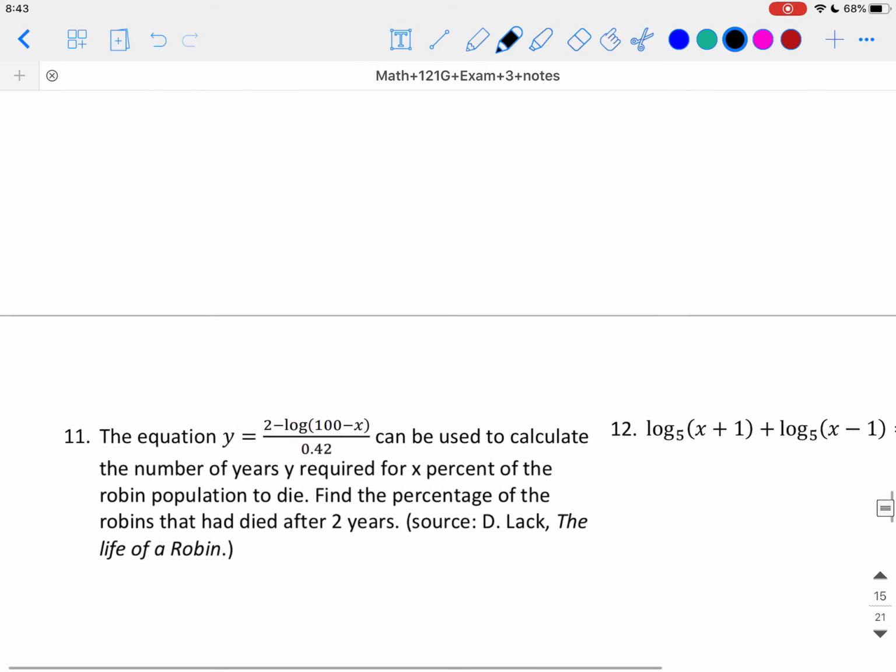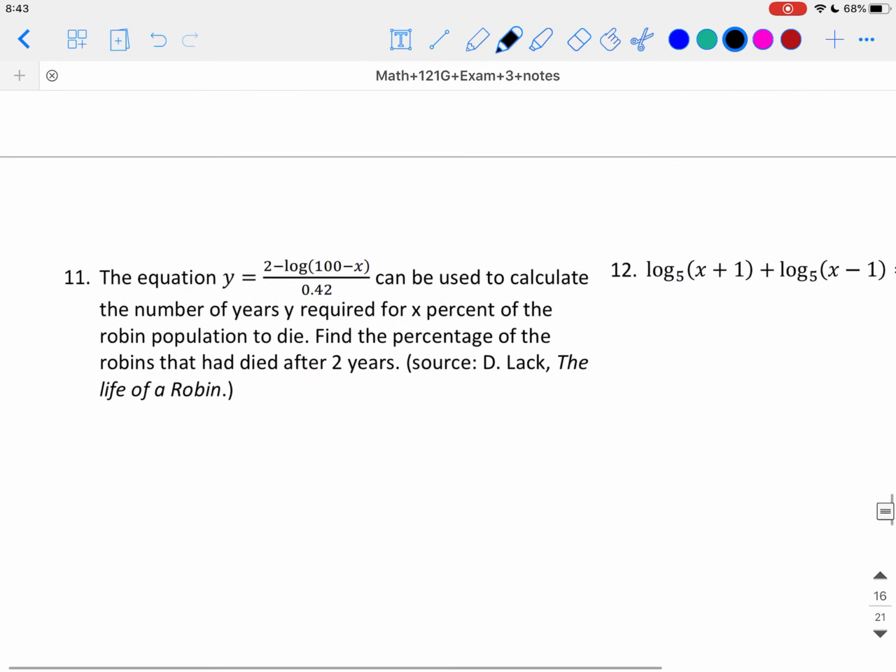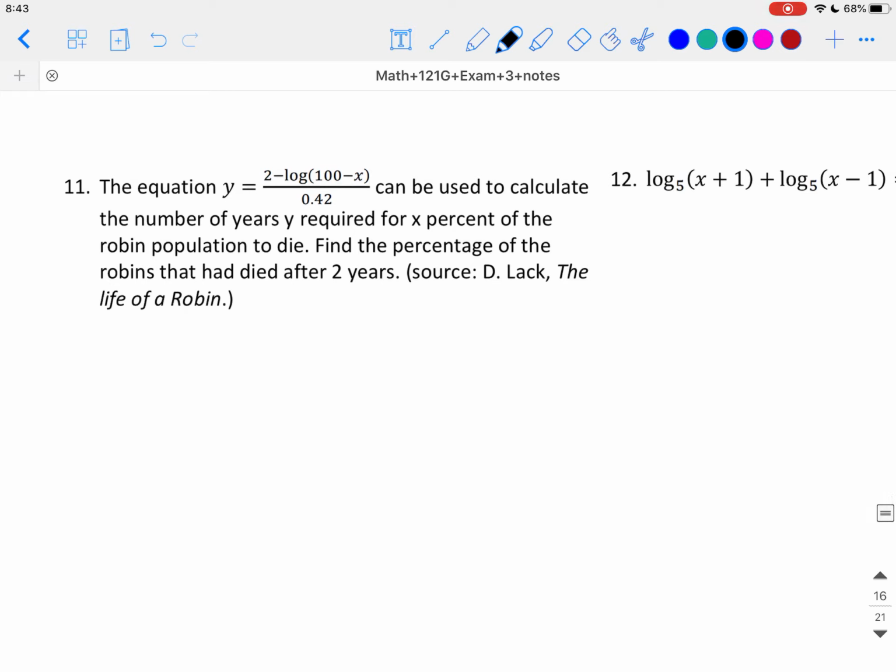All right. Next one. Number 11 here. So the equation y is equal to 2 minus log of 100 minus x in parentheses divided by 0.42 can be used to calculate the number of years y required for x% of the robin population to die.